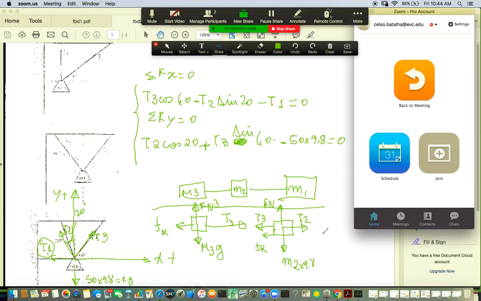And if you go to the mass M1, you've got a weight, which is M1 G, a normal force. There is a thrust. I mean, the locomotive has power, right? So it's a force that the locomotive itself is responsible for.